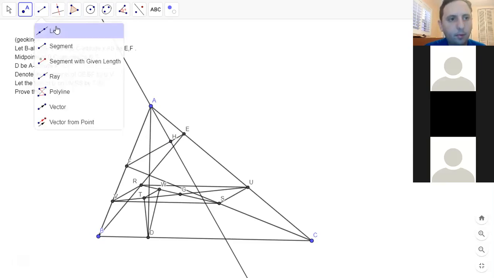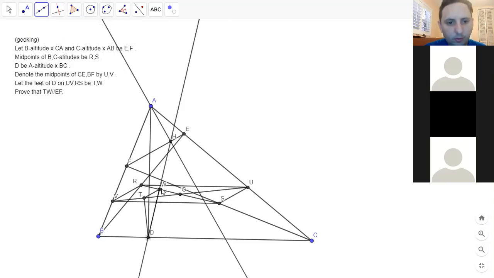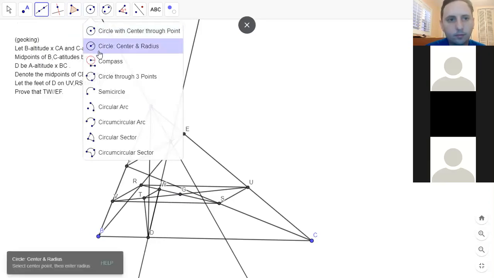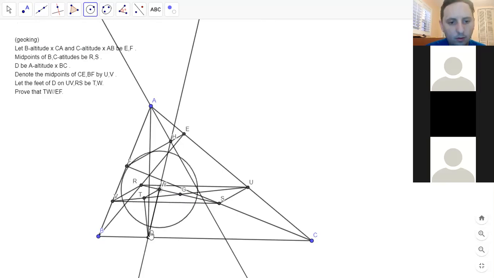DW passes through. Yeah, and W is the midpoint of HD. Okay. W is the midpoint of DH. Interesting.